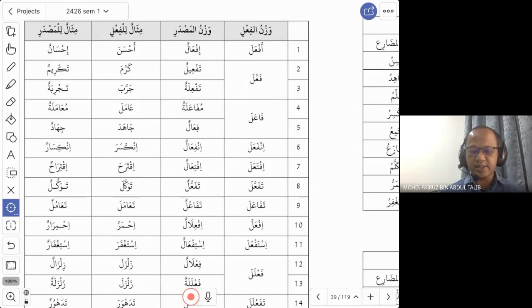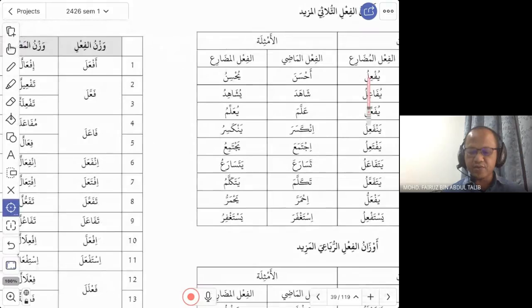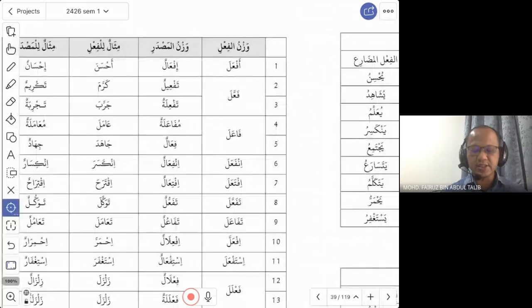They said that if the wazan of the fi'il is af'ala, of course, from the previous level, you need to know the mudari as well. Af'ala, the mudari is yuf'ilu. Now you add another column to this new table, and this is the masdar.